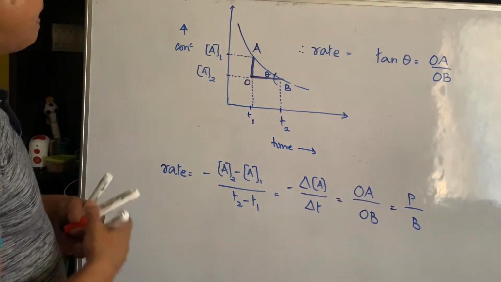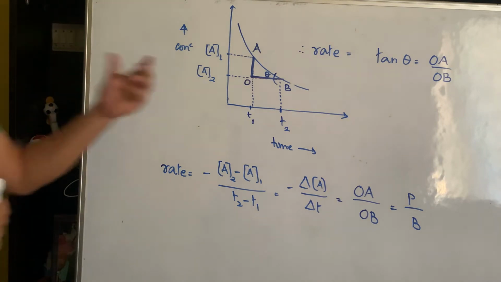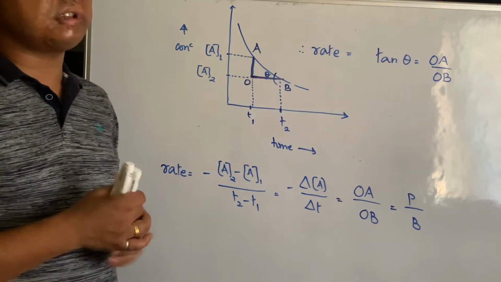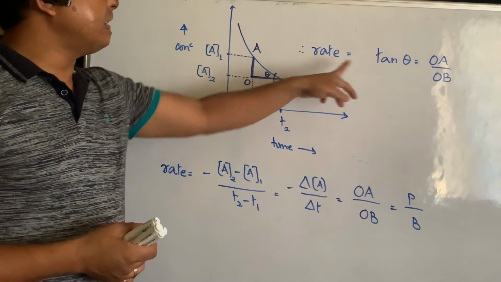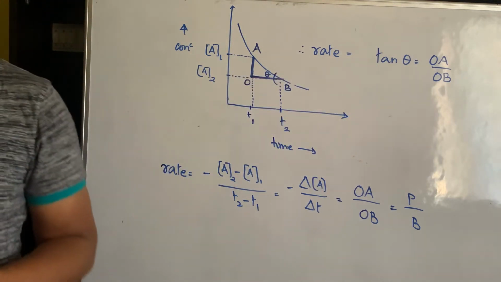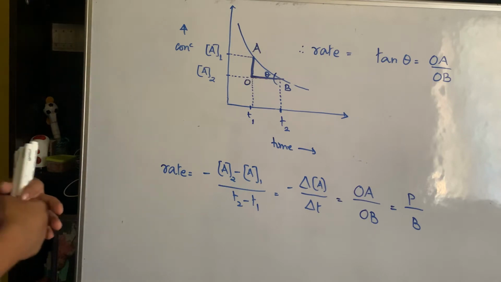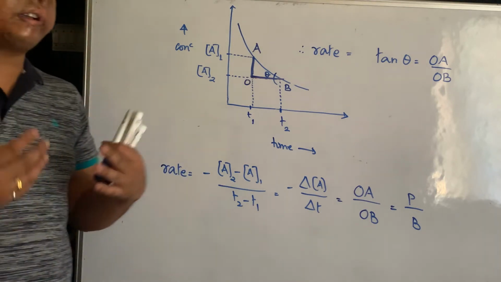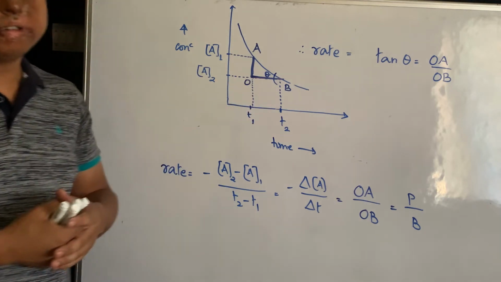Therefore, the average rate of a reaction can be calculated graphically in this method. Tan theta is actually equal to the slope, so if we find the slope, we can get the rate of a reaction. Here I have expressed graphically the rate of a reaction in terms of concentration of reactant.